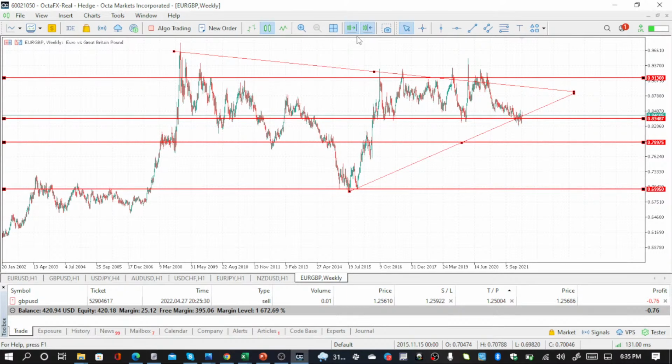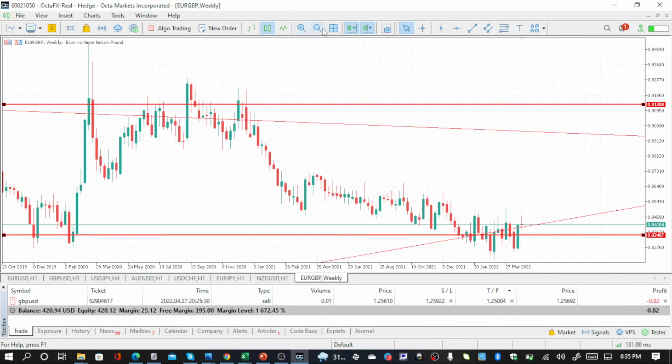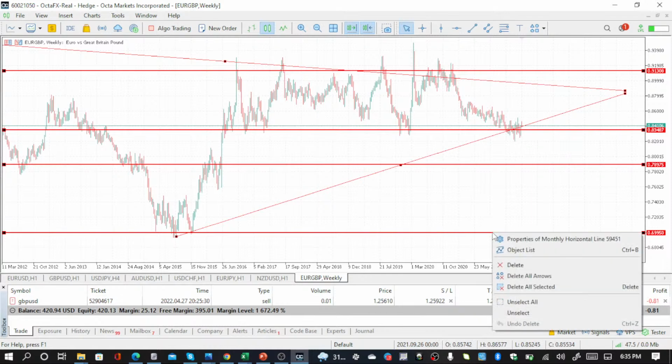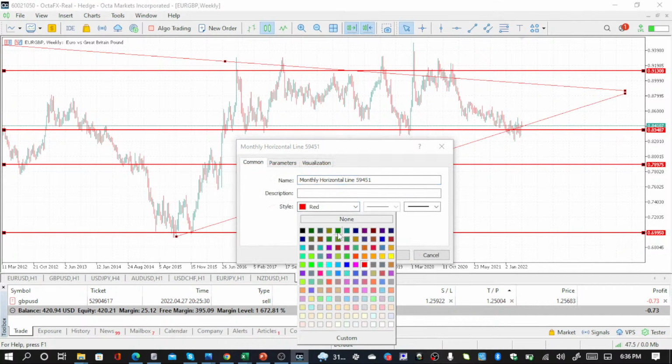Now we want to determine if we are positioning for a bearish movement or for a bullish movement. Someone says, why not use the red for this?